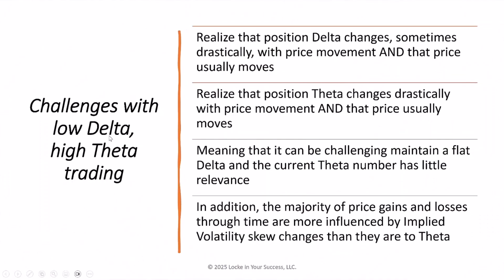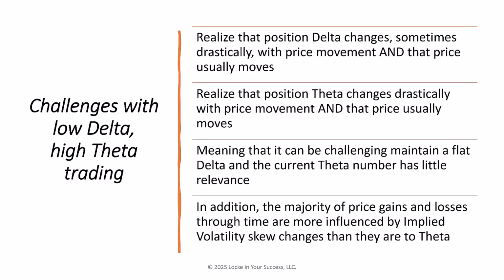Realize that you may have zero delta when you enter, but your delta changes, right? Your position delta changes as things go along. Sometimes that delta changes drastically with price movement, right? And price is going to move, especially nowadays. Back in 2006, 2007, 2008, we got some good price movement.